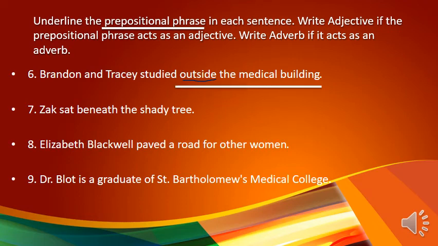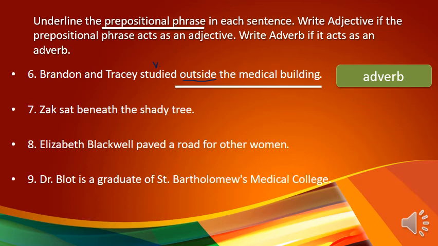So let's think about this sentence and what it modifies. Here we have a verb. If you find it after the verb, it means that it modifies the verb, which means that this is an adverb, an adverbial prepositional phrase. Number 7: Zach sat beneath the shady tree.